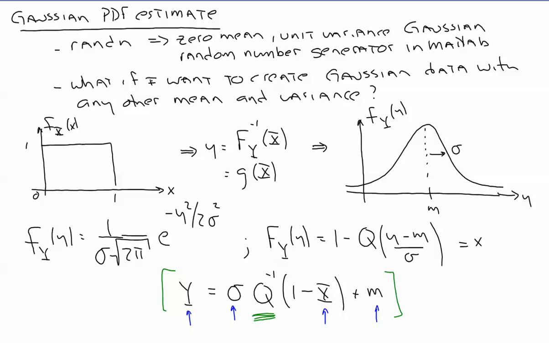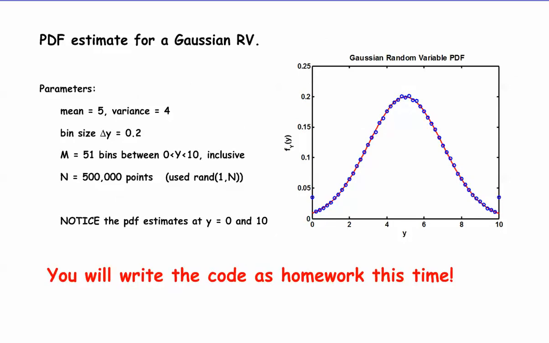All right? So, what I did is the following. I calculated a PDF estimate for a Gaussian random variable.